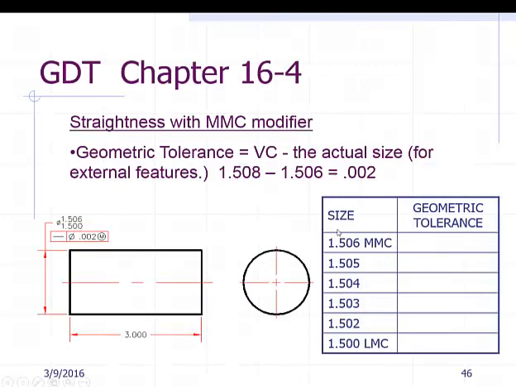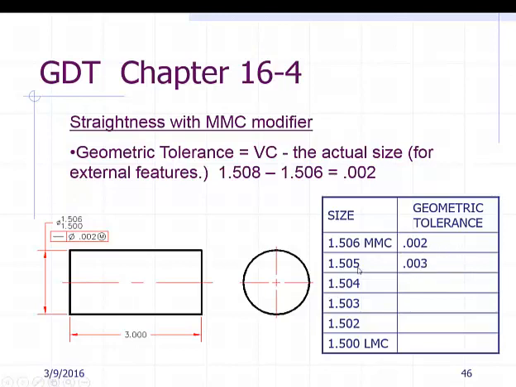So seeing it here again in some additional slides, this one with the MMC modifier, I've got the virtual condition, which again is going to be the MMC of 1.506 plus the control frame tolerance of 1.508. So I'm going to take the virtual condition minus the size here. So at MMC, I've got a tolerance of 0.002.